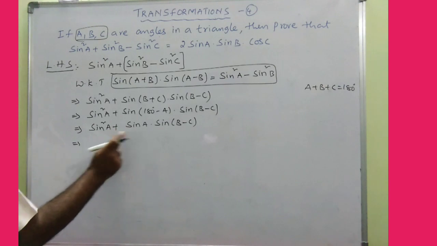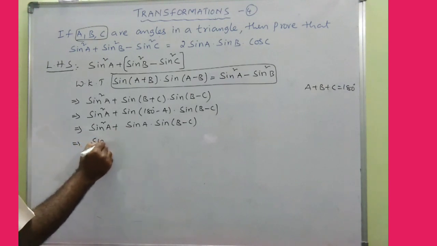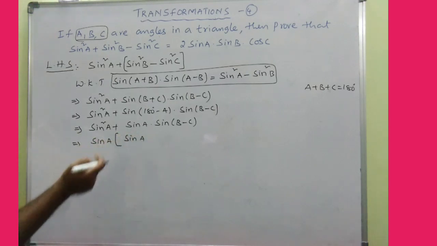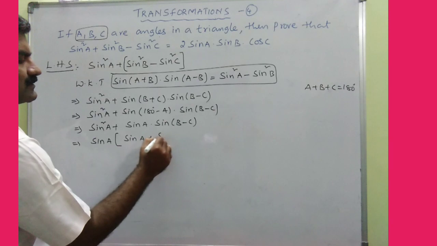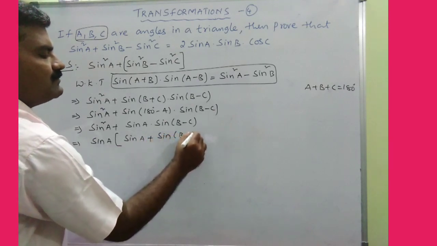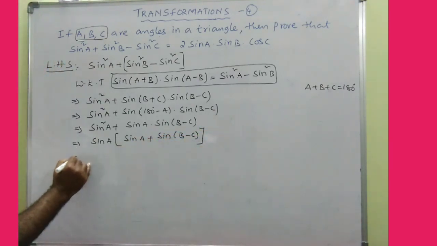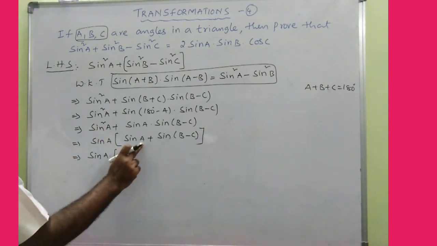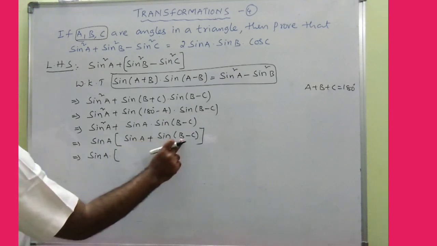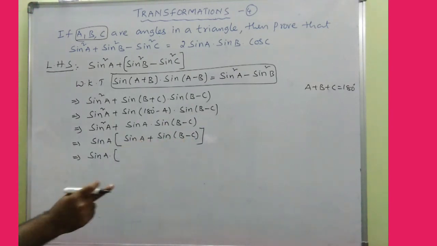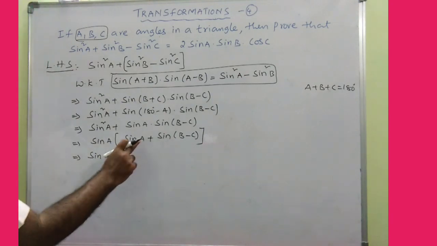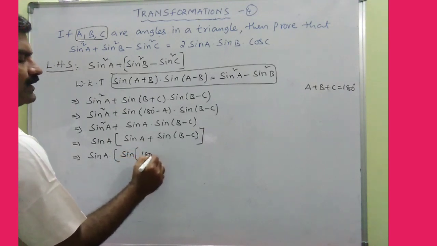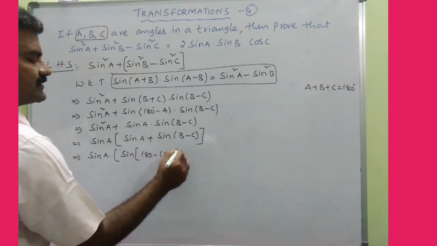Now from these two, we can take sine A common. Then after taking sine A common, one more sine A plus sine of B minus C. So this can be written as sine A into, see here the angle is in terms of A, whereas this is in terms of B minus C, B and C. So do one thing, from that A I can write it as 180 minus of B plus C, right?